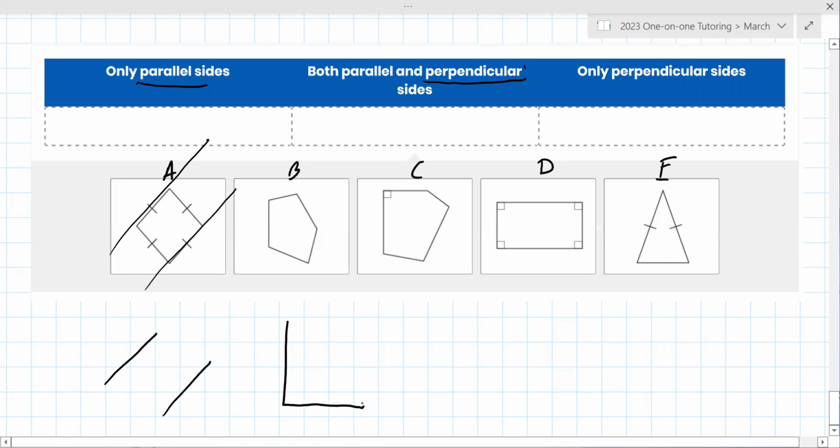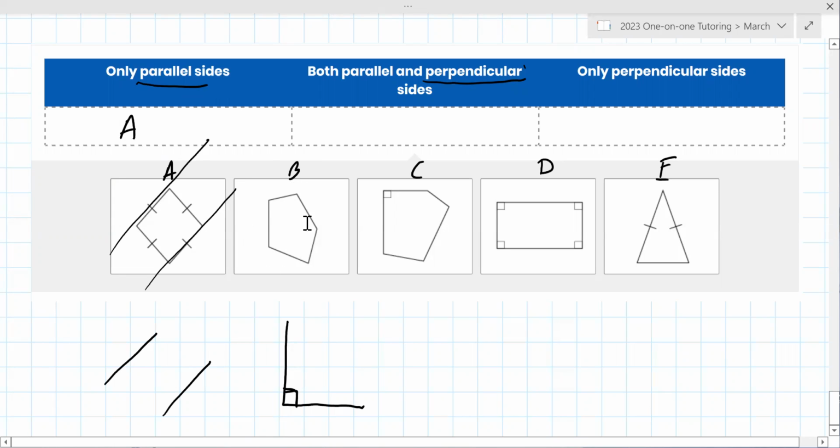The right angle, yeah. Does this have any little boxes in it? No, it doesn't. So A is only parallel, okay?